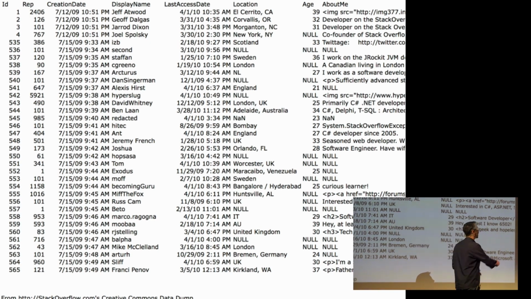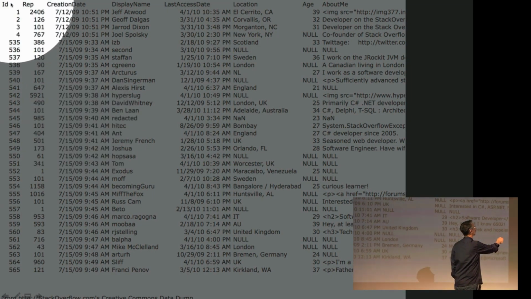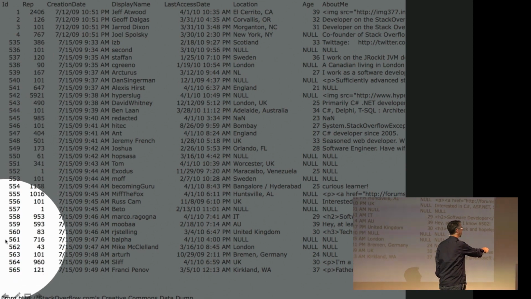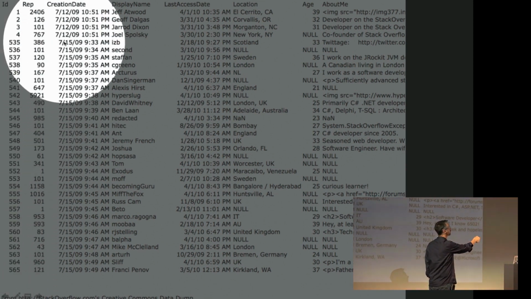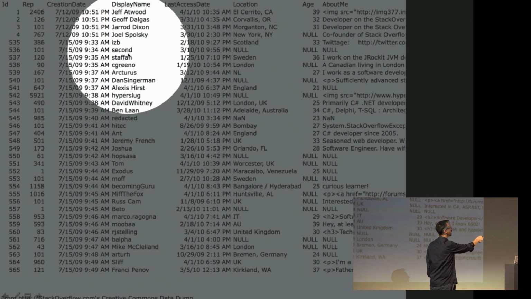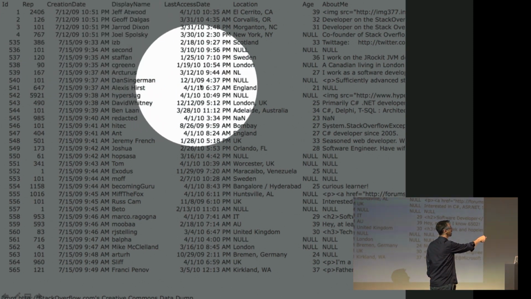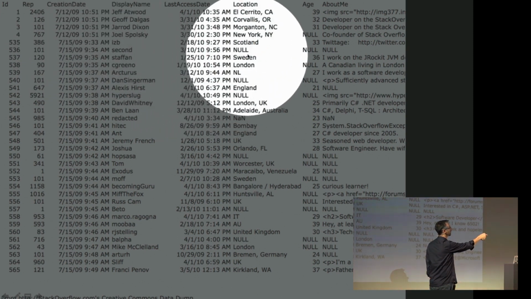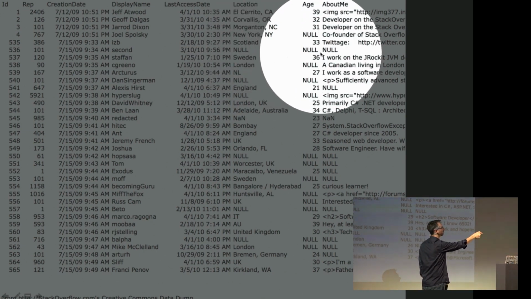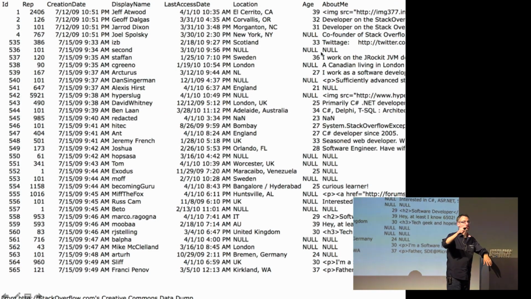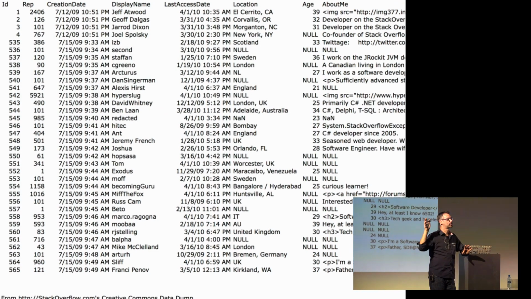Down the left-hand side, you see the ID field, starts at 1 and goes up to however many. Then we have reputation, creation date, display name, last access date, where the person lives, their location, their age, and their About Me field.